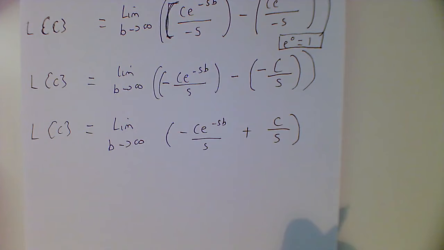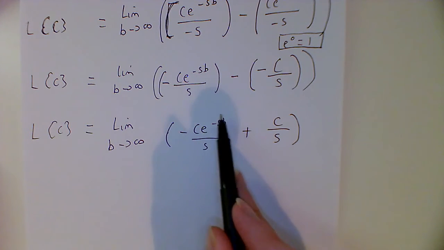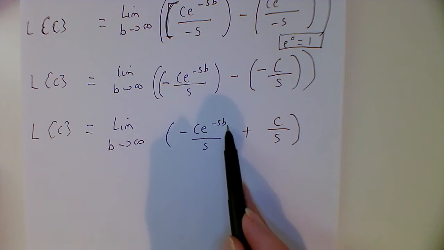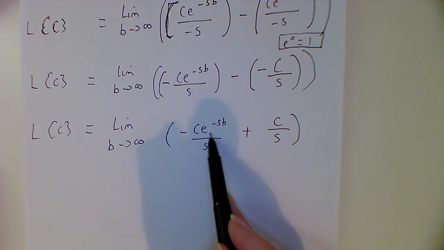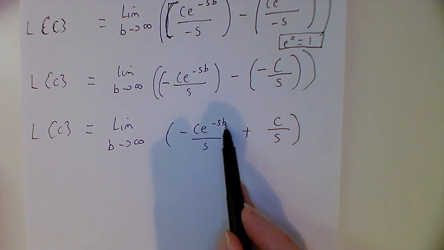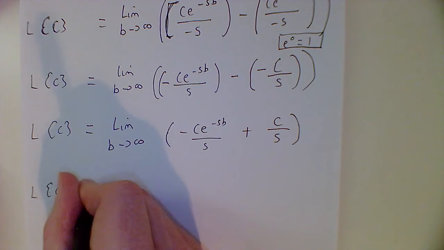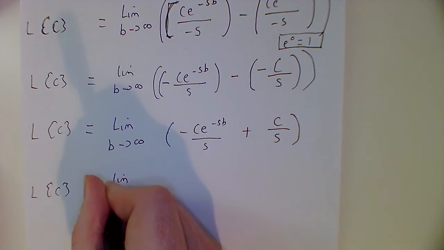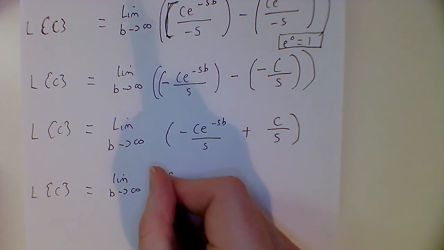So what I need to know is what happens to this term here. Right? So what I can spot is it's a common factor of C over S in both terms.